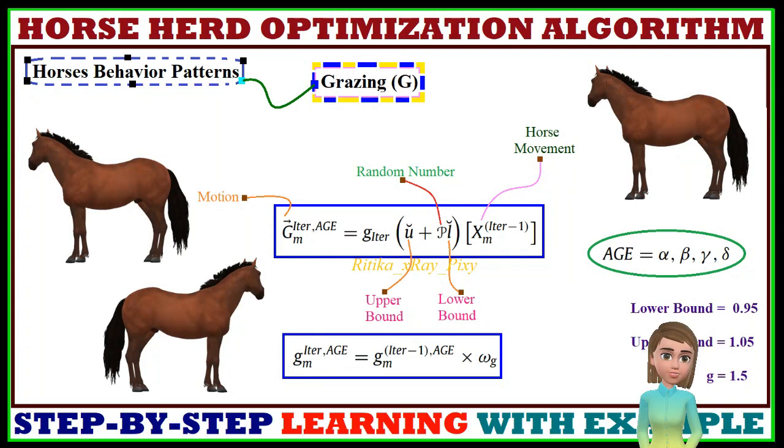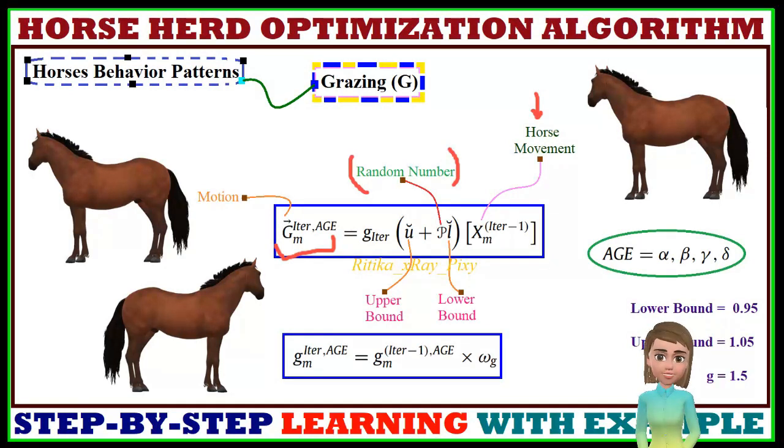Here this is the motion calculation for the horse, that is the motion vector, and here U is the upper bound, and this is the lower bound, and this is a normally distributed random value within 0 and 1, and this is the horse's older position.